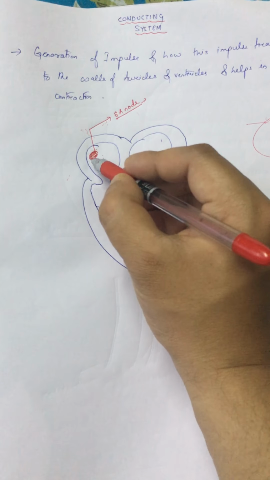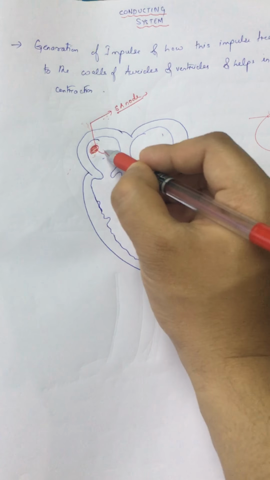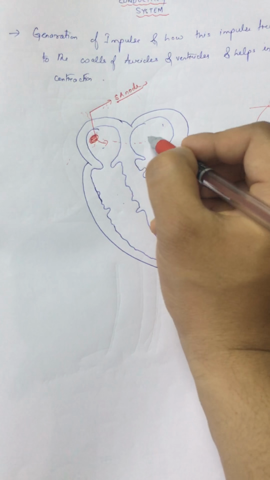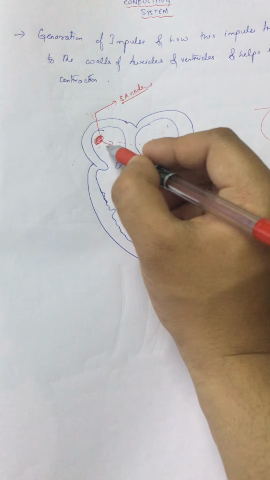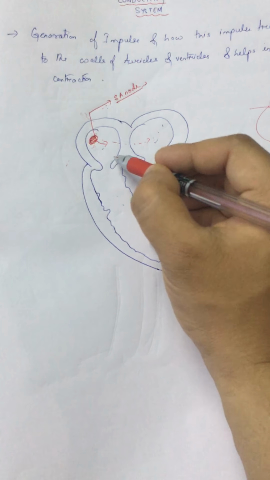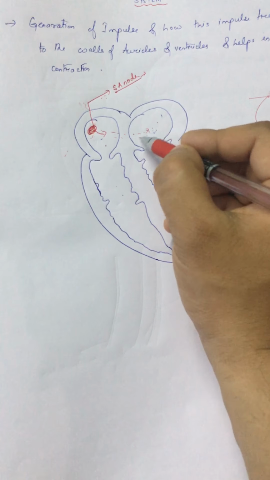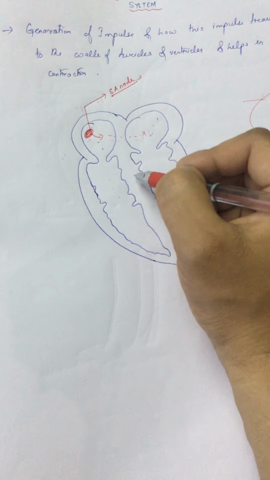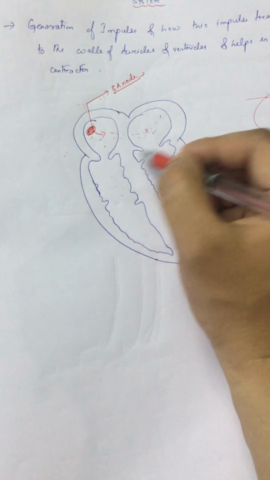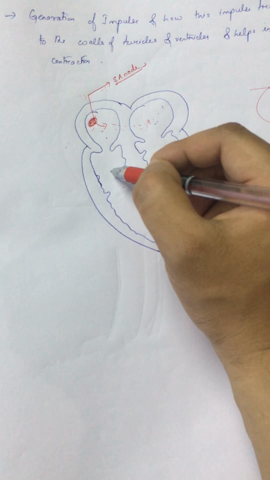So this SA node will generate the impulse, and after that the impulse will travel to the whole auricular chamber. But please listen carefully, that impulse cannot come to the ventricle. Then you may ask why it does not go to the ventricle.